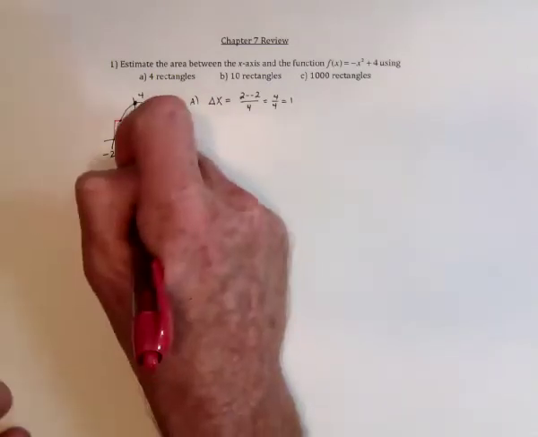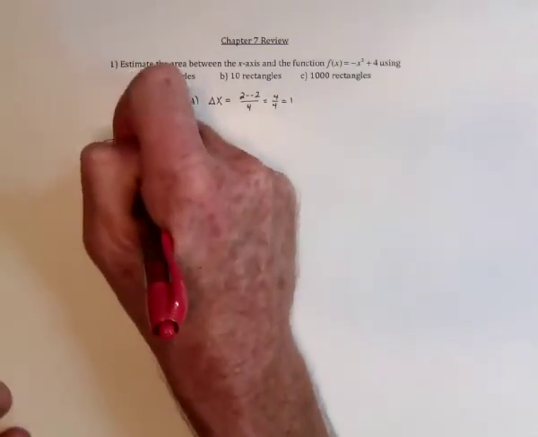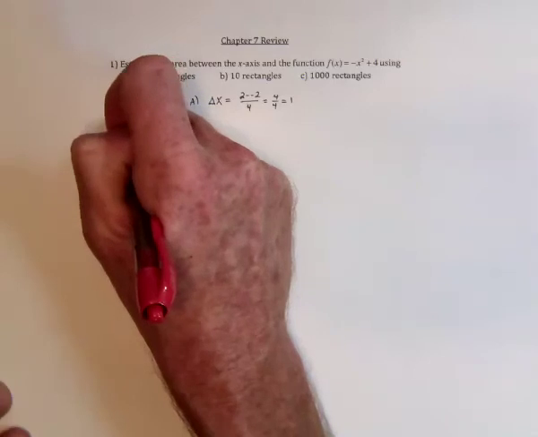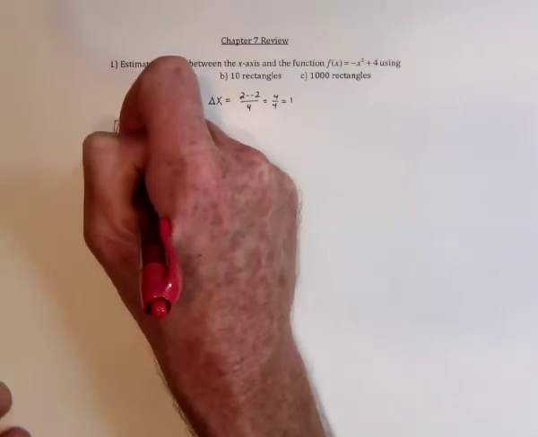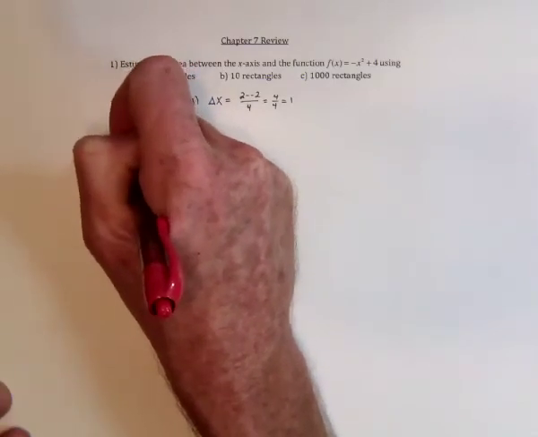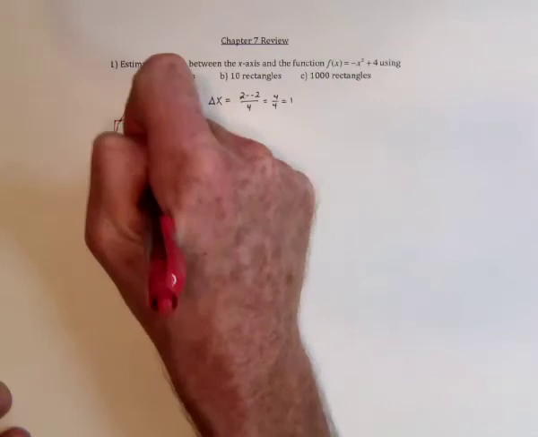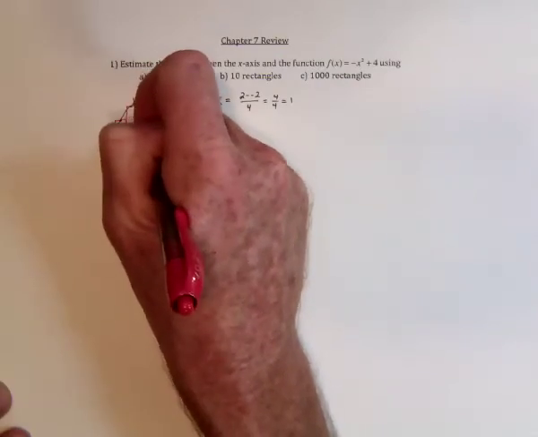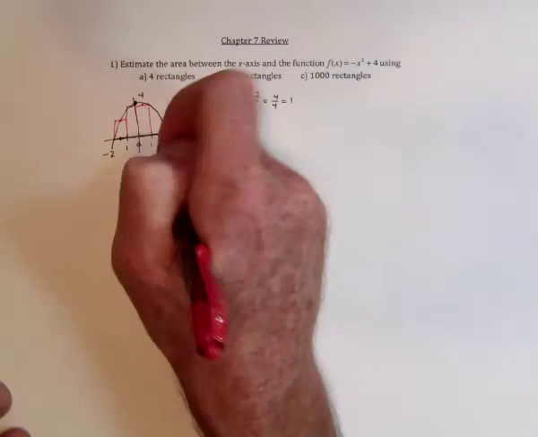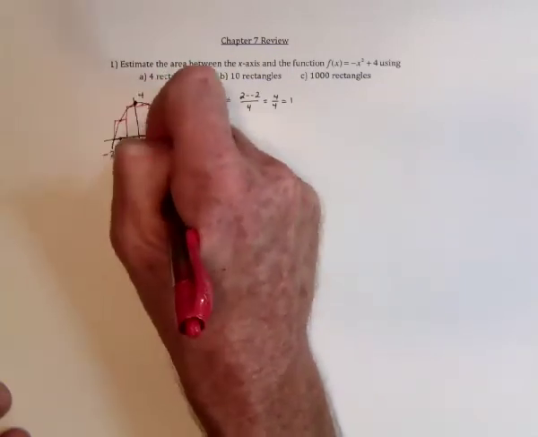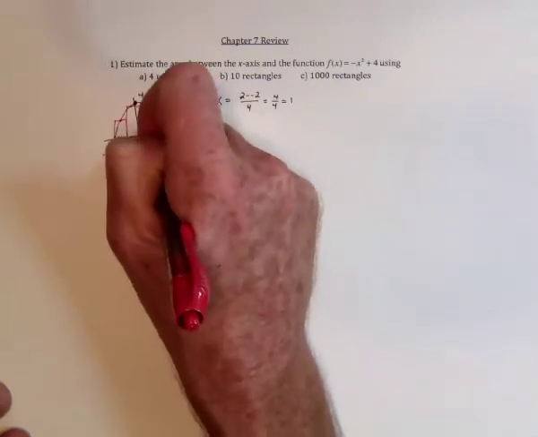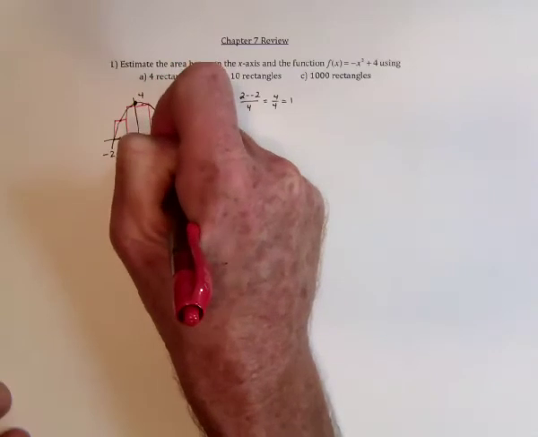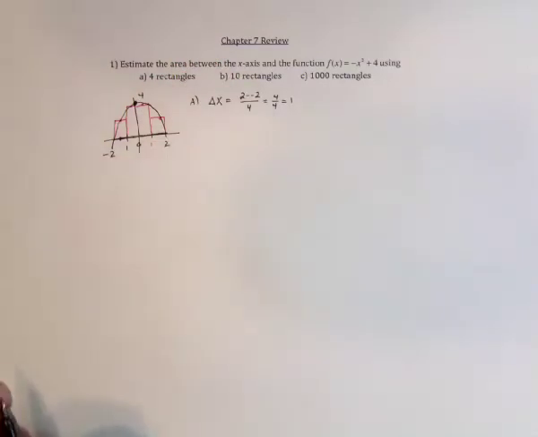Likewise right here at 1/2, go up to the function, and over here it's going to be symmetric. And then find the area of those 4 rectangles.